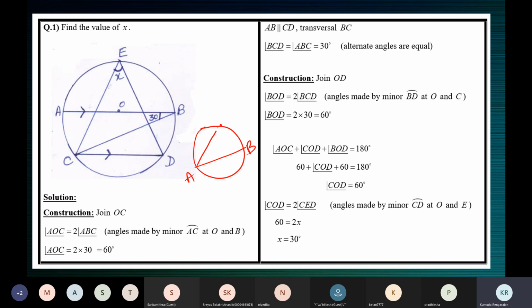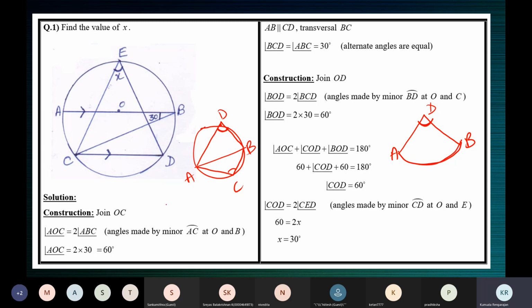If you can't make out whether it's a minor or major arc, just draw that figure separately, and you can make out. See now, when you try to show this angle, ADB is made by this arc.